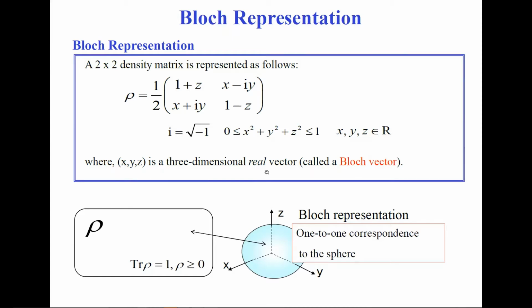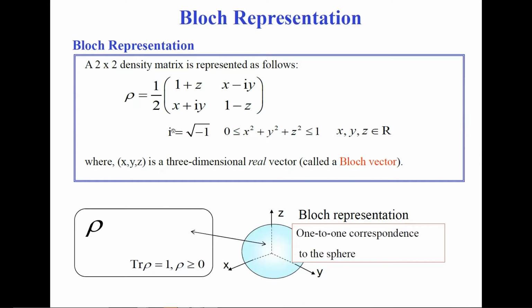The norm is bounded by 1. In other words, x squared plus y squared plus z squared is between 0 and 1. They are real. And then we place x, y, and z in each component of the density matrix rho.